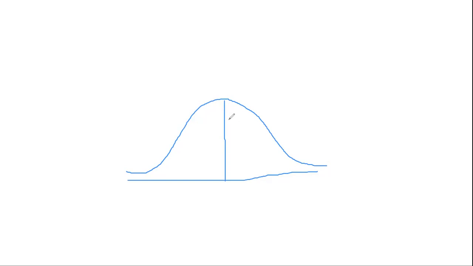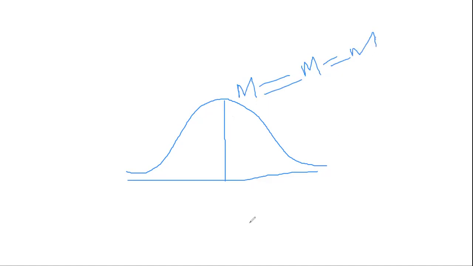If the data is not a symmetrical distribution, how can we represent it? Here the mean is equal to median is equal to mode.